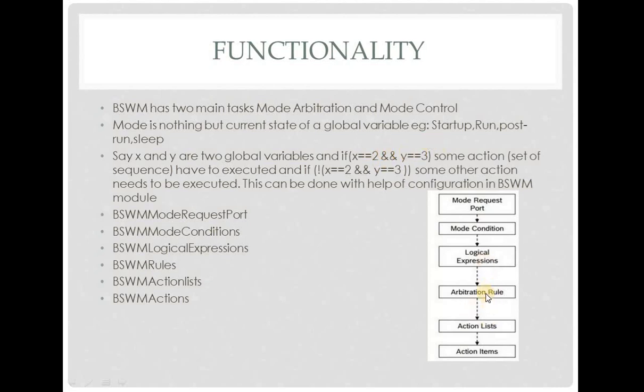In the arbitration rule, based on the result, whether it has to do the true action list or false action list will be decided. So these four will form the mode arbitration, and parameters present in action list and action items will help in mode control.